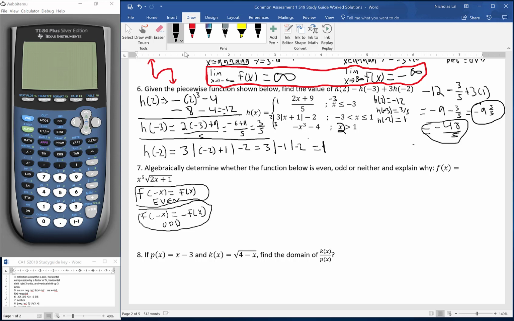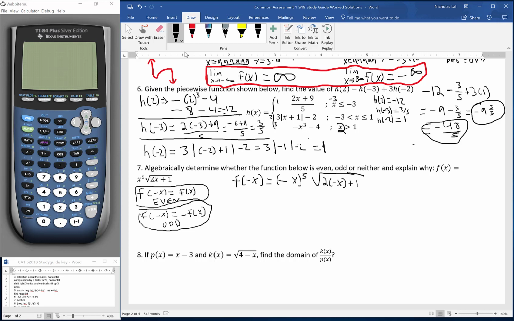So let's evaluate. So we have f of x. Now let's find f of negative x. f of negative x is equal to negative x to the fifth times the square root of 2 times negative x plus 1.